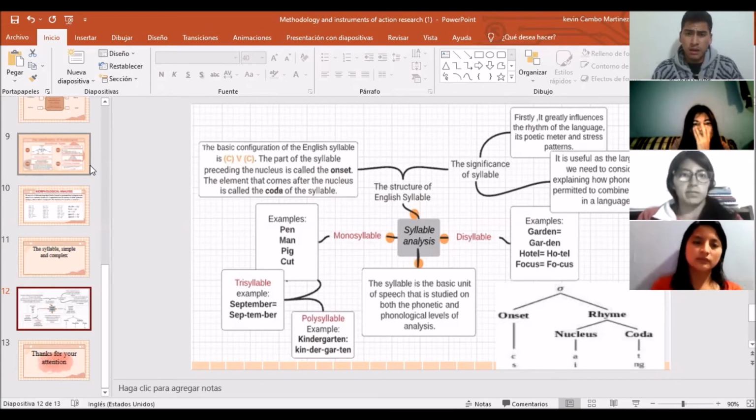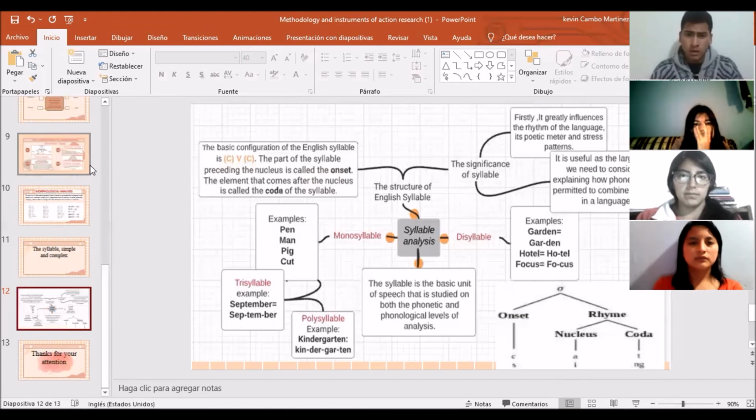Another important part is that the syllable greatly influences the rhythm of the language. Another idea is that it is useful as the largest unit we need to consider in explaining how phonemes are permitted to combine together in a language.